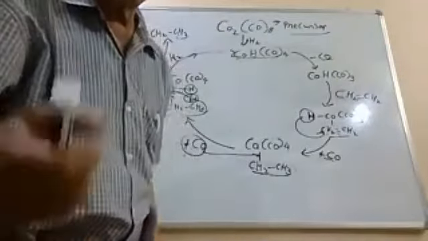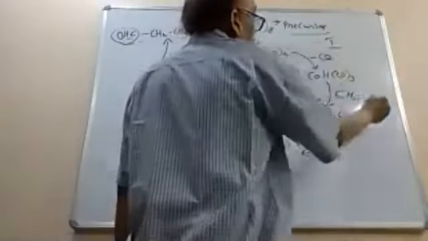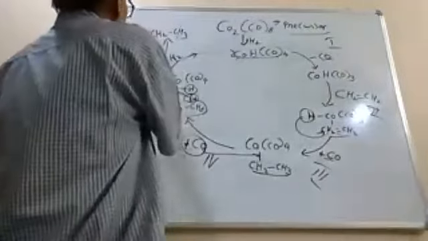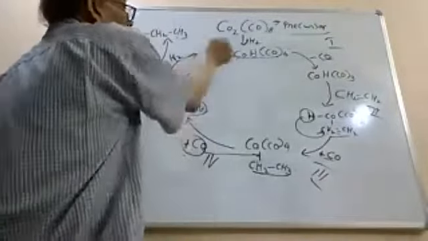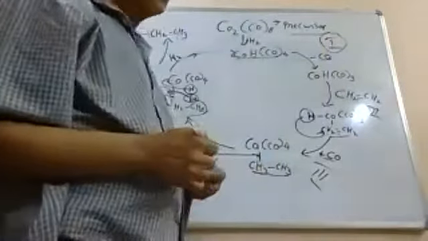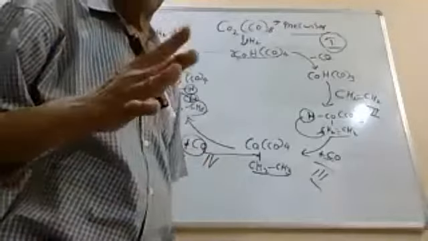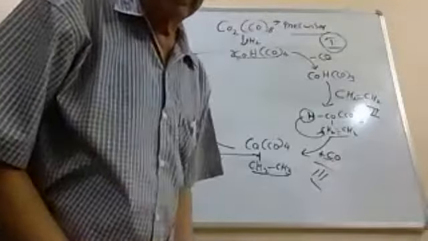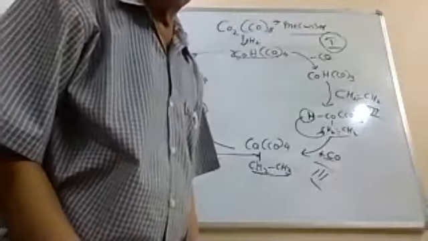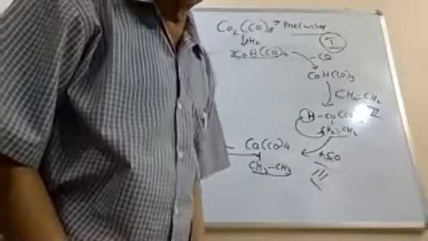So given this process in the exam, sometimes we will characterize this as step number 1, step number 2, step number 3, 4, 5, and 6, right? So we'll ask you, what is step number 1 here? What do we call this? Remember, we said there are 5 different steps in homogeneously catalyzed processes: ligand dissociation, oxidative addition and reductive elimination, oxidation and reduction, and nucleophilic attack on the ligands.